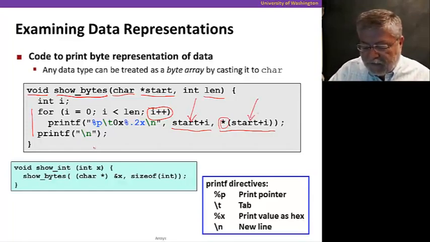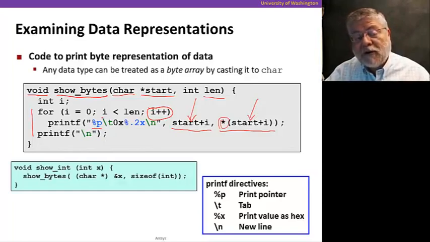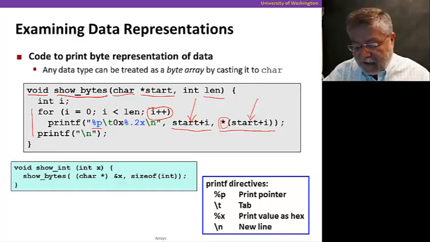Our print format string says that we start off by printing a pointer. Okay, that would be that first element here, that address. So we're going to print a pointer, then we're going to insert a tab, then we're going to print the number 0 and the letter x. And we're going to do that to conform to C notation for hexadecimal values.